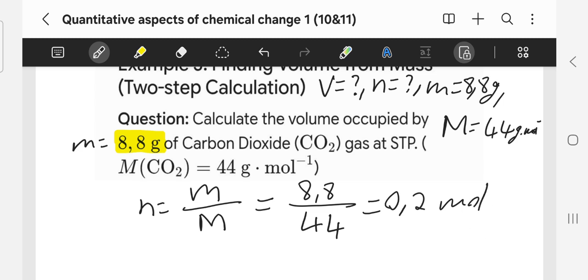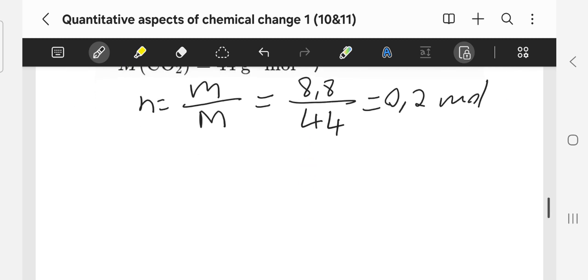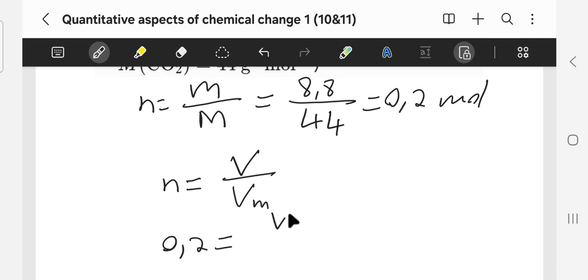After I've found my number of moles, I can now finally find my V by writing down this formula: n is equal to V over Vm. Do I know Vm? Yes, I do. Remember, Vm is a constant. It's a molar volume constant, which is 22,4. So this one I already have. I just found my n, which is 0,2, is equal to V, which is what I'm looking for, over my Vm, which is 22,4.